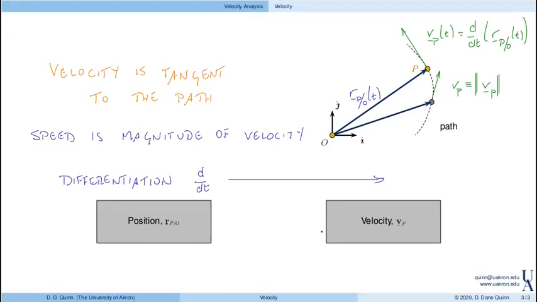Likewise, if I want to start with velocity and get back to position, you can probably guess what this would be. This would be integration. So if I integrated the velocity, I could determine the position of a point. Integration and differentiation allow us to move between position and velocity.